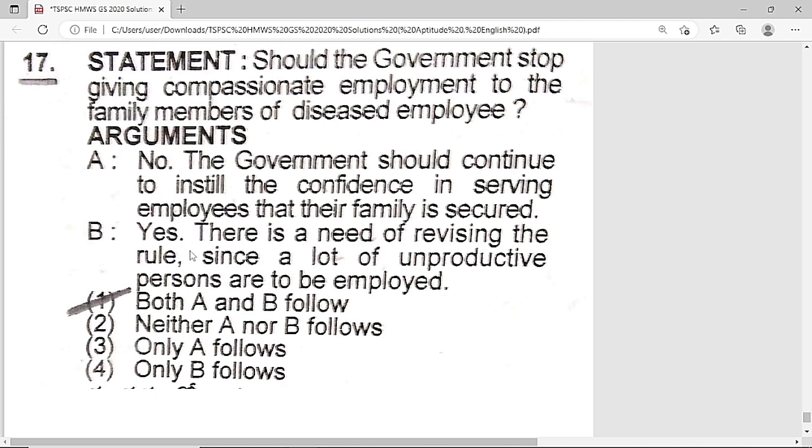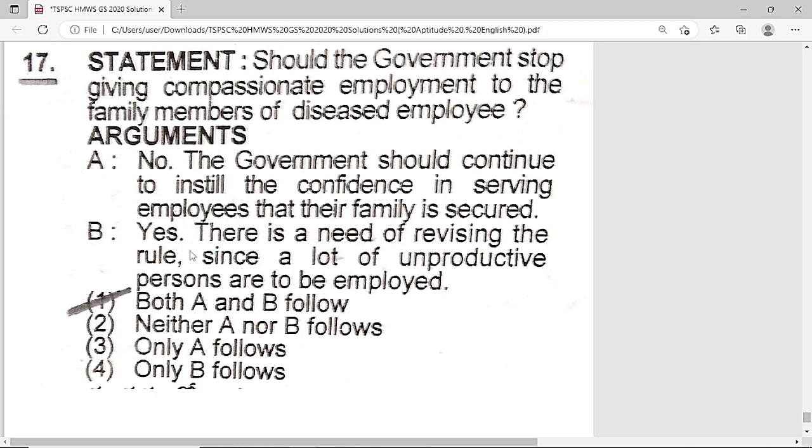So what is the statement? Should the government stop giving compassionate employment to the family members of the deceased employee? No means the government should continue to instill the confidence in serving employees that their family is secured. Yes means there is a revising of the rule since a lot of unproductive persons are to be employed.